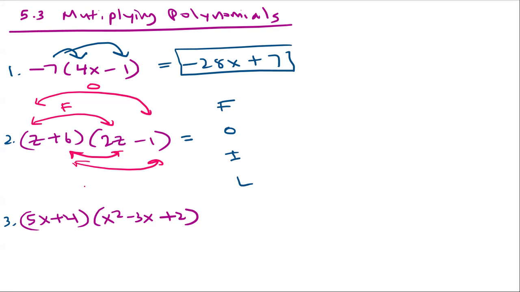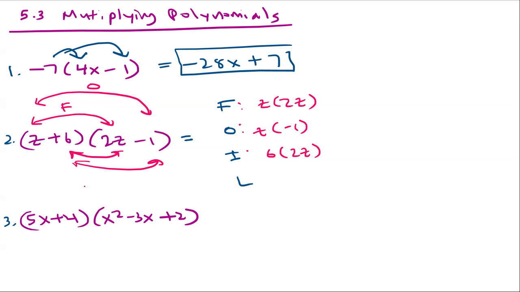So you have the first terms, right? So that would be z times 2z, right? Z times 2z. Then you have your outer terms, which is going to be z times -1. Then you have your inside terms, which is going to be 6 times 2z.